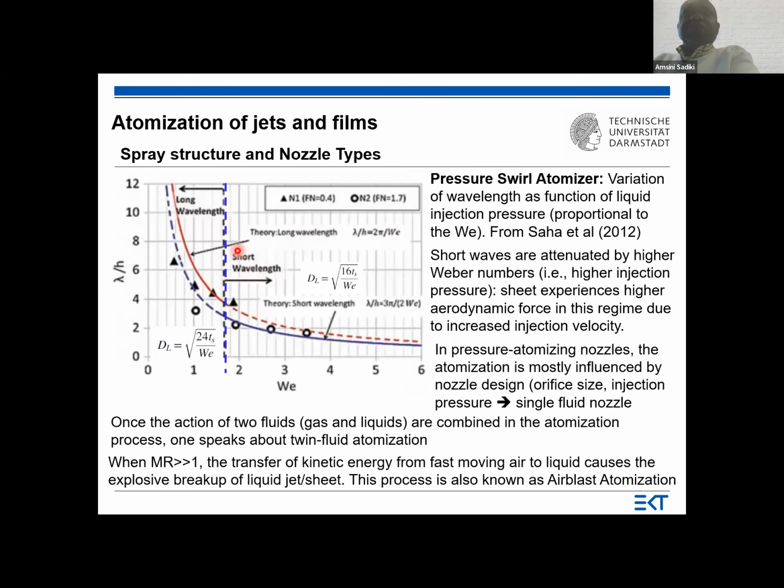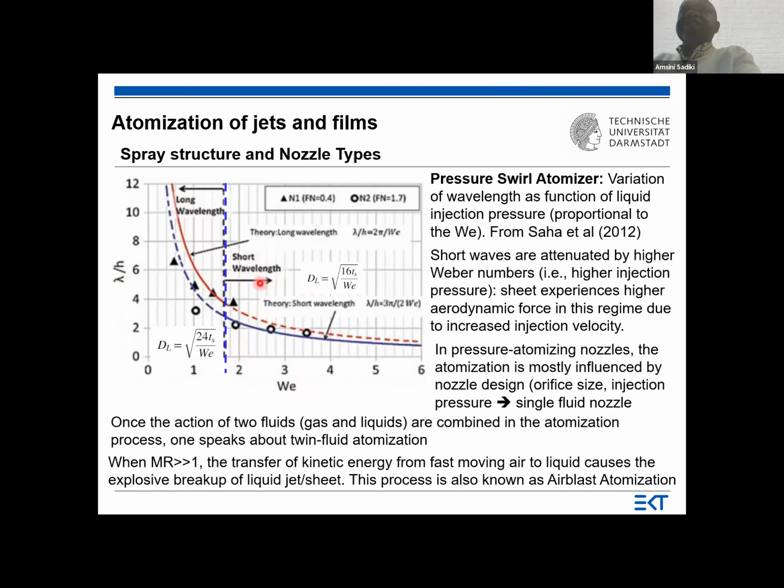From experiments, we can do some sensitivity studies of how this wavelength evolves depending on the Weber number, and this Weber number is also an expression of the liquid injection pressure.